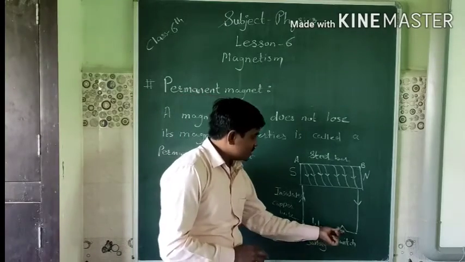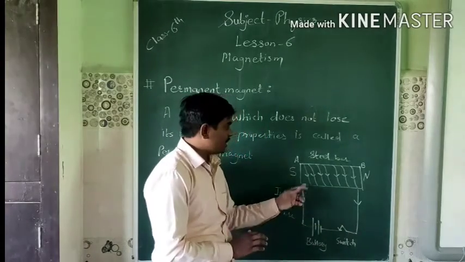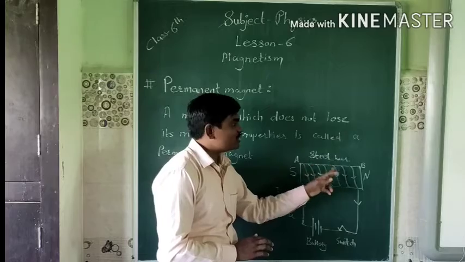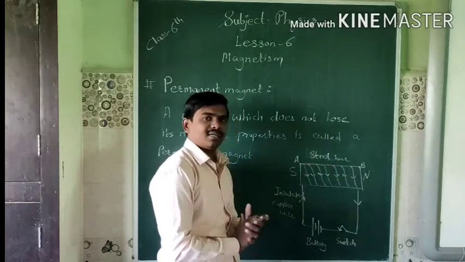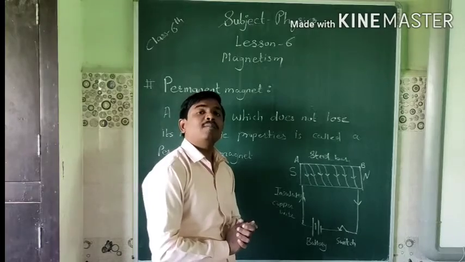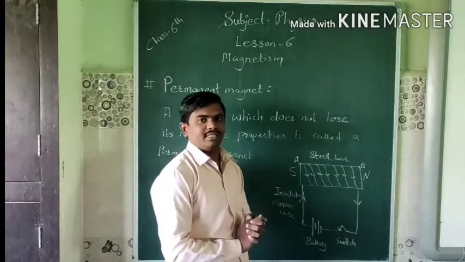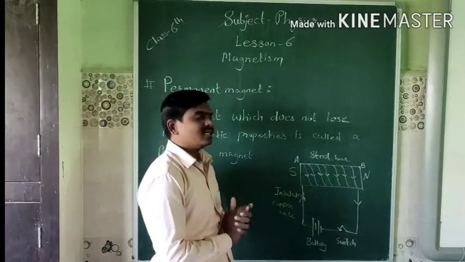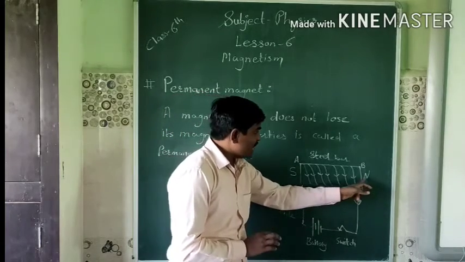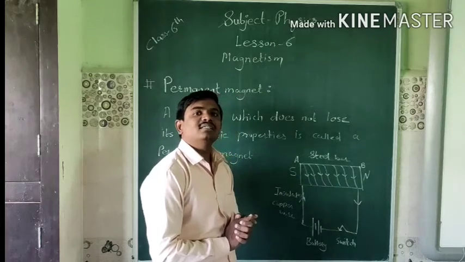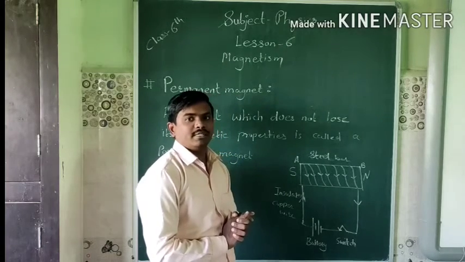When this switch is on, the current is passed continuously through these coils and the steel bar becomes a permanent magnet. This end A gets the south polarity and this end N gets the north polarity.